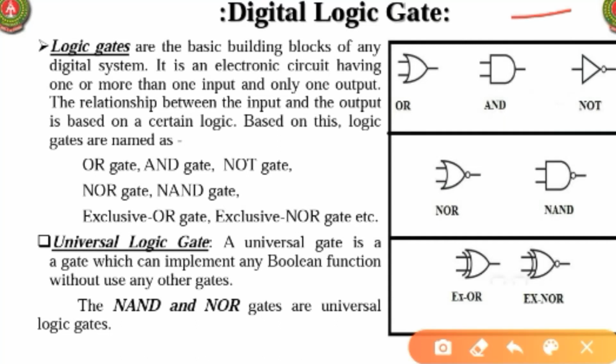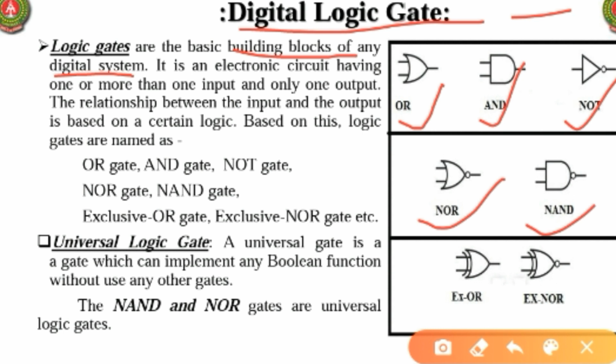So now we're going to discuss the digital logic gates. Logic gates are basically the building blocks of any digital system. As we have seen in the slide chart, there are some gates called OR gate, AND gate, NOT gate, NOR gate, NAND gate, exclusive OR and exclusive NOR.